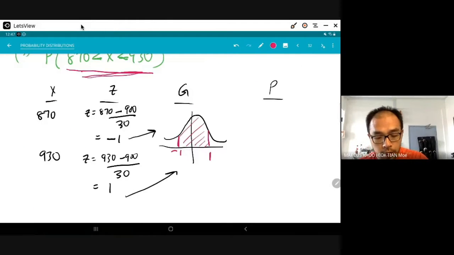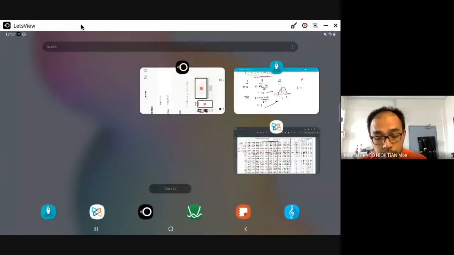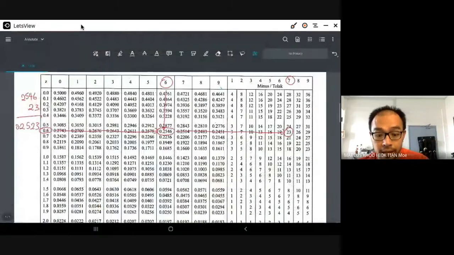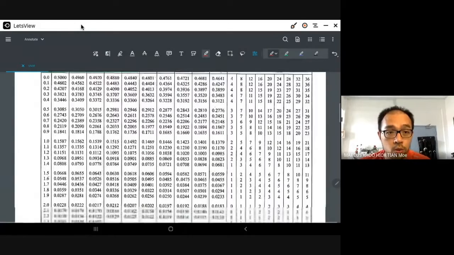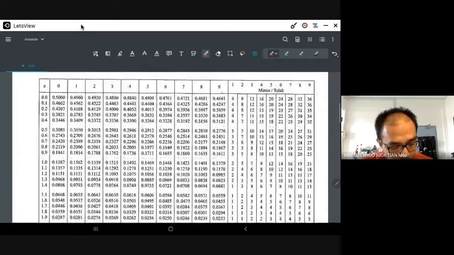So this will be 1 minus, let's take a look. -1 and 1 give the same reading because the standard normal distribution doesn't care whether it is a negative or positive value. 1 and -1 will give you the same probability. And the good news is this one is not so difficult. It's just 1.00, 0.1587.